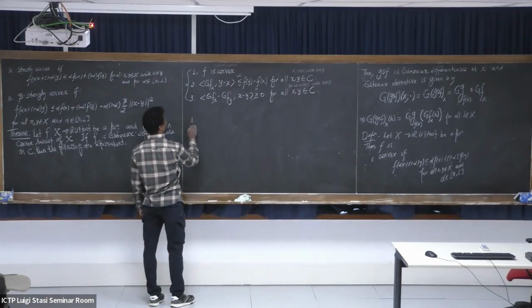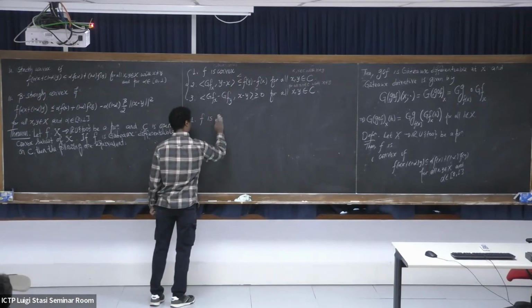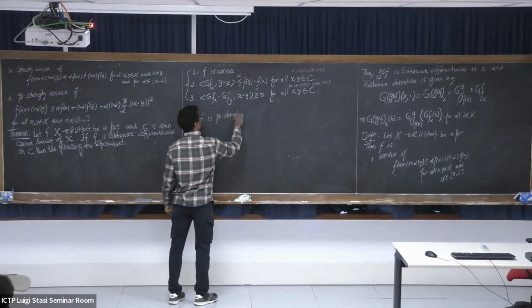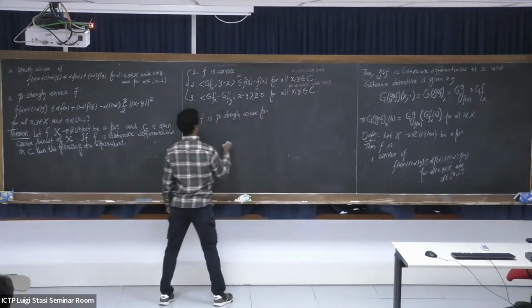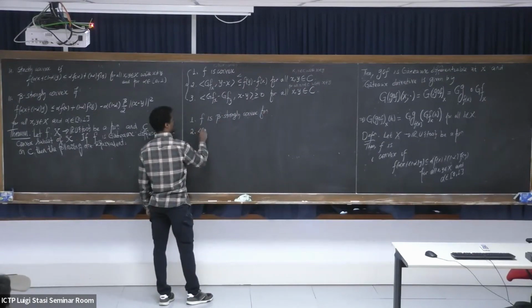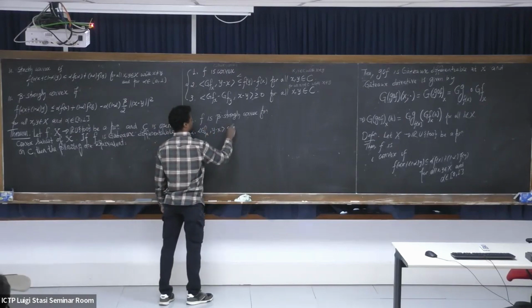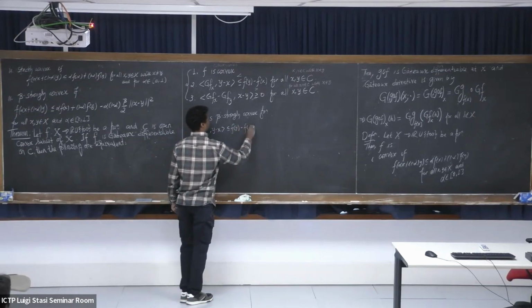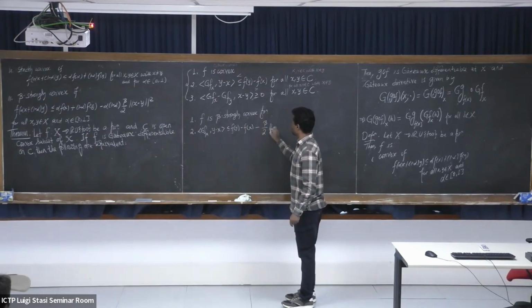The next three equivalent statements are these. f is strongly convex. It is related with convexity of f minus beta over 2 times the norm.